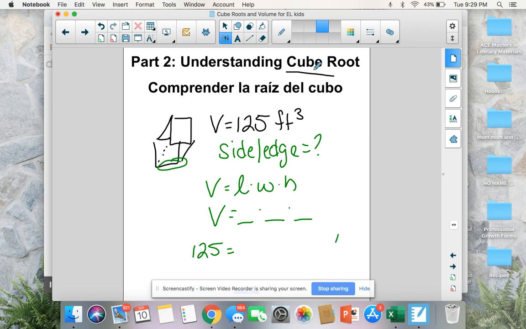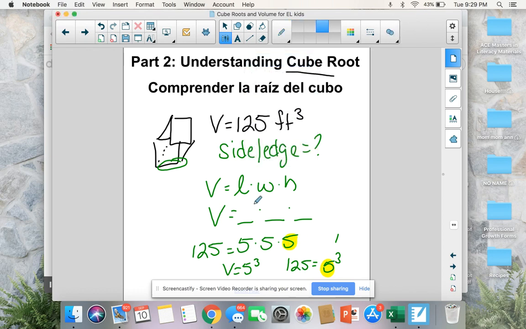When I take the cube root of this, I would know that 5 times 5 times 5 equals 125. So I would say 125 equals 5 cubed. So my cube root, the actual answer to this question, is 5.